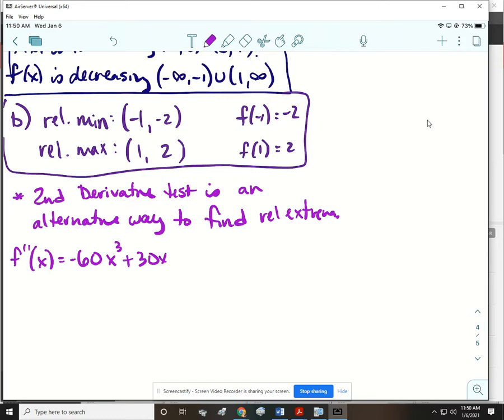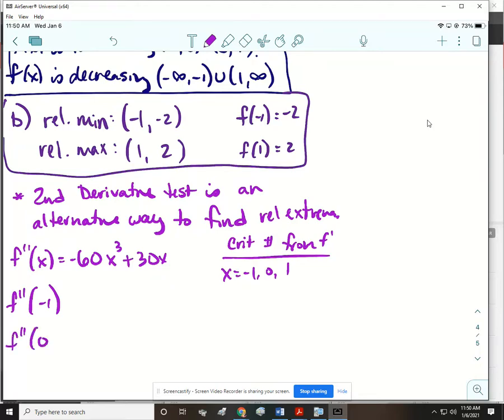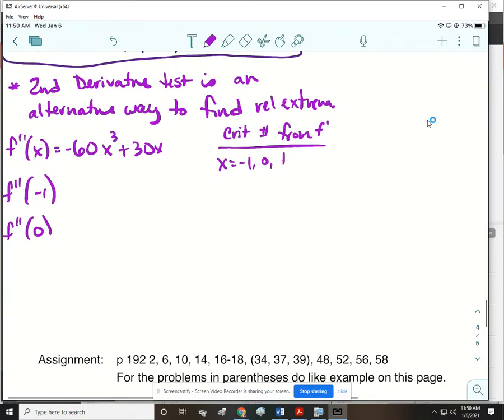All right, and the second derivative test uses the critical numbers that we got from f prime. So that's going to be -1, 0, and 1. All right, and what we would do is plug them in to the second derivative. All right, and when we plug in -1, we're going to get 30. We plug in 0, we're going to get 0.